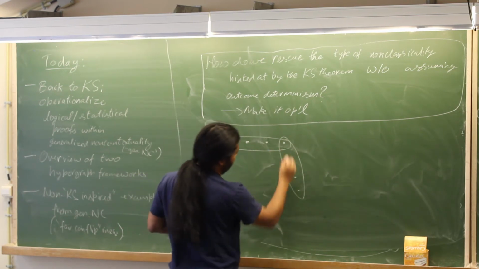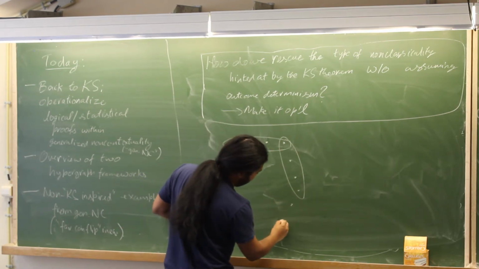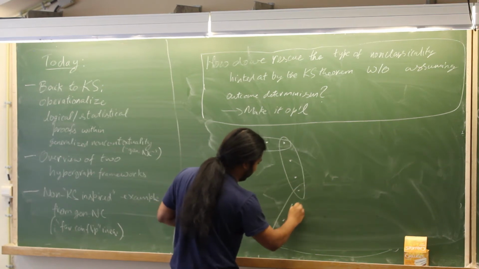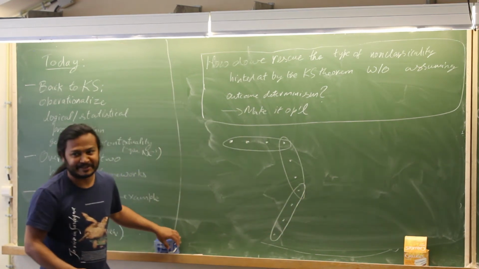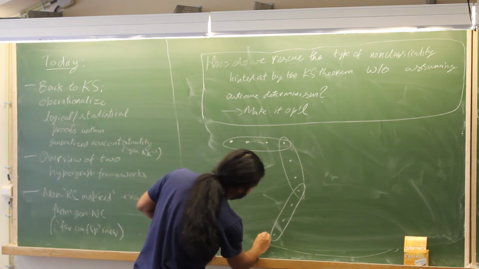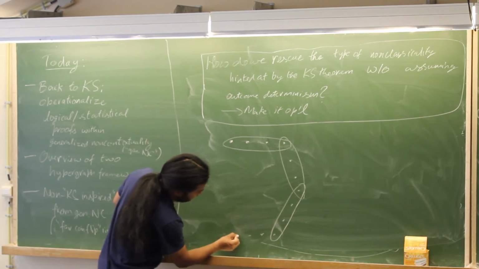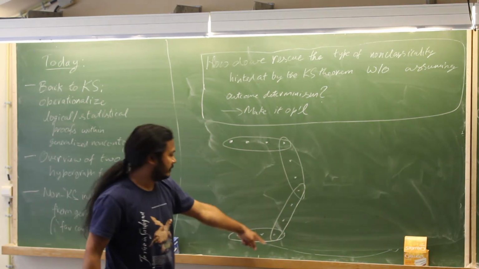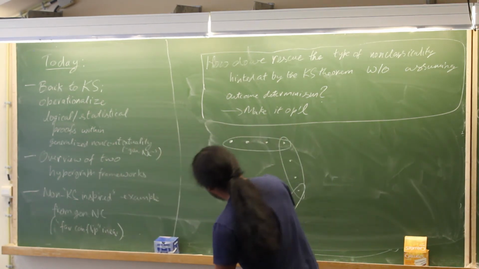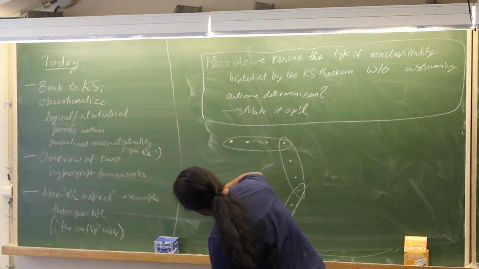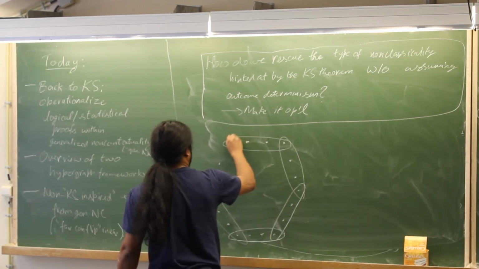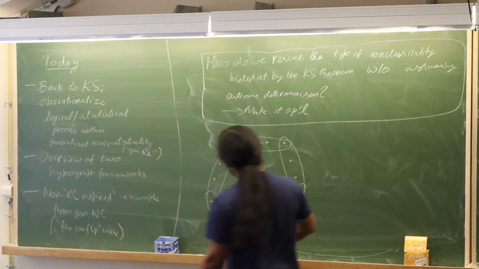My goal is that by the end of these lectures, you're able to draw these yourself. I draw them enough times. So it's 1, 2, 3, 4, 5, and 6.